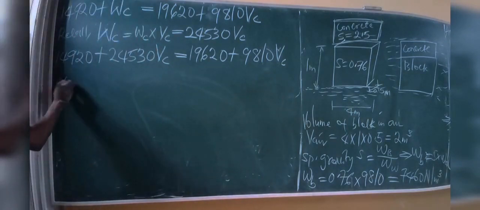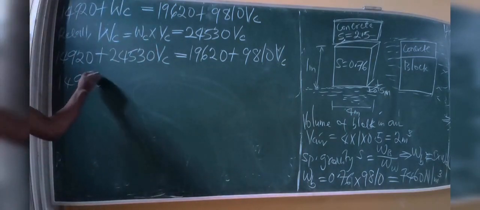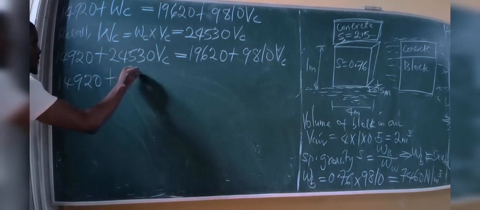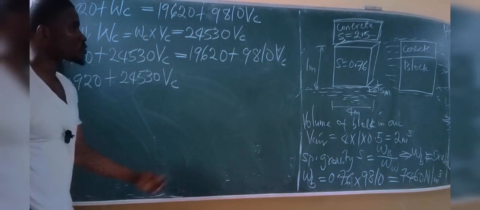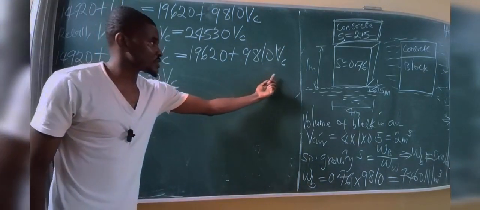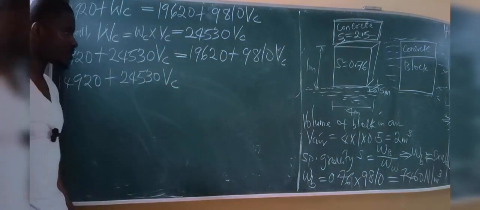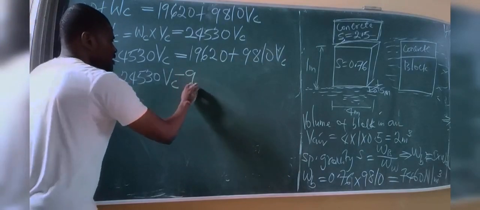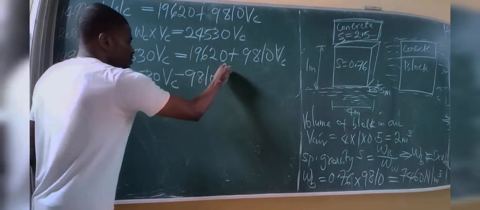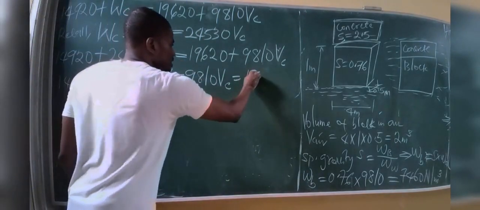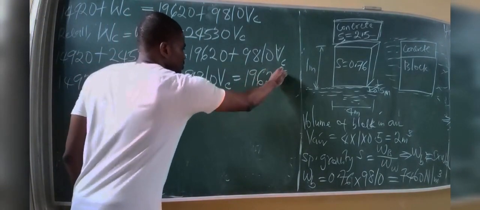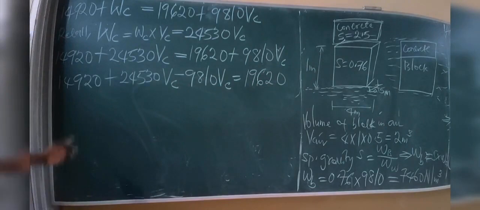We have 14920 plus 24530 VC, plus 9810 VC crosses the equal sign and becomes negative, so I have minus 9810 VC. And this is equal to, I'm left here now with 19620.